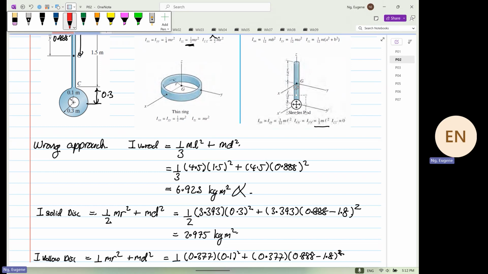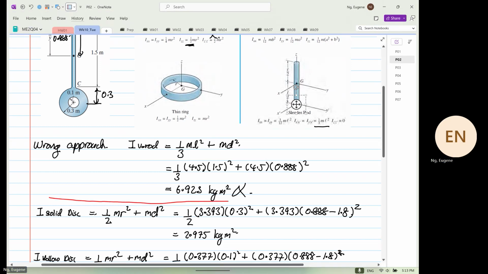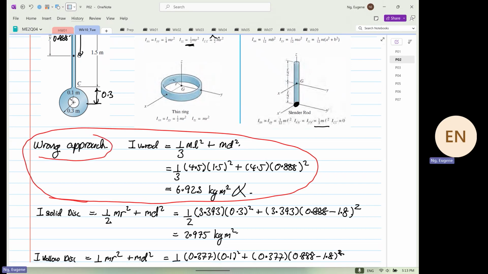I circle in red, okay? Okay, wrong approach. Don't do the wrong thing. Why is this wrong? IZ prime, okay? Cannot use. Right.